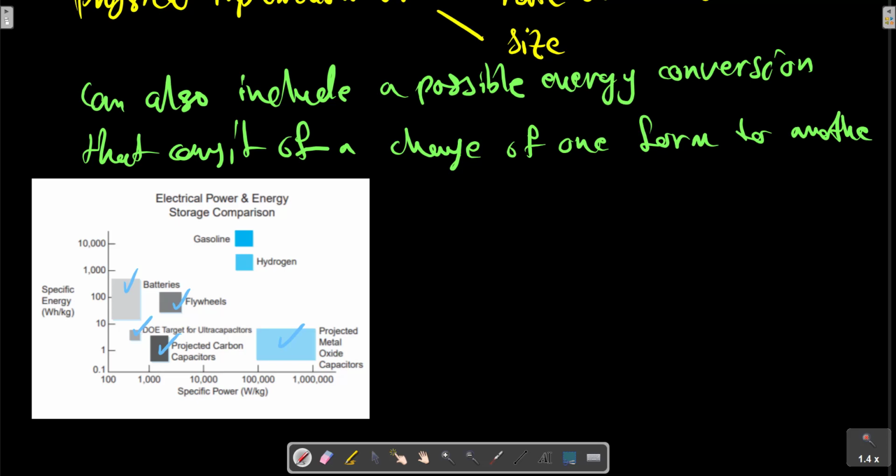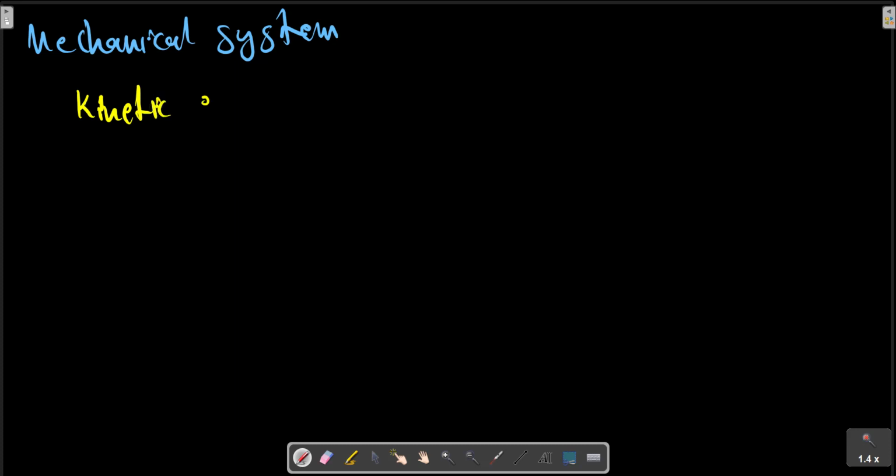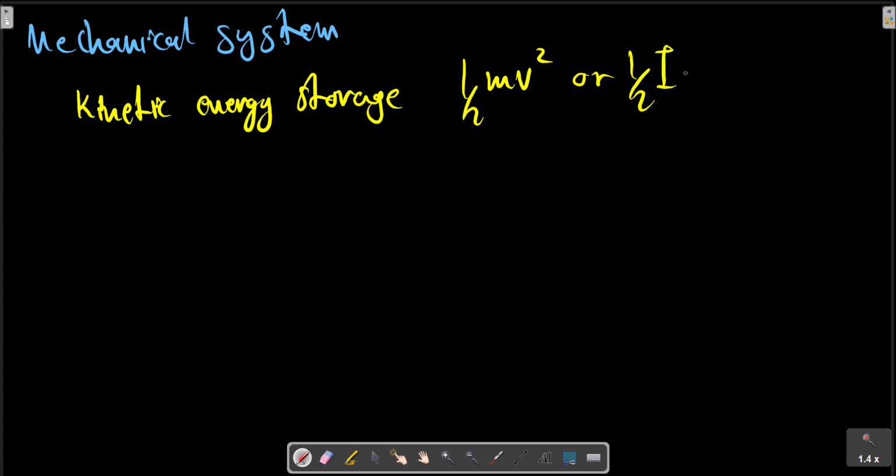First, we should describe the mechanical system. Kinetic energy storage is one half m v squared and one half I omega squared.